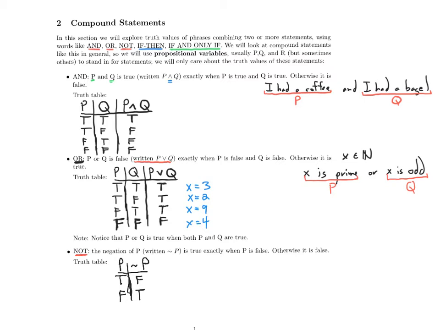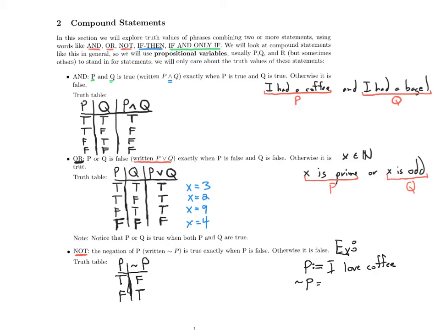Let me give you a couple of examples. If P was the following: I love coffee. Well, the negation, be careful here. It wouldn't be I hate coffee, because maybe I like coffee, but I don't love it.